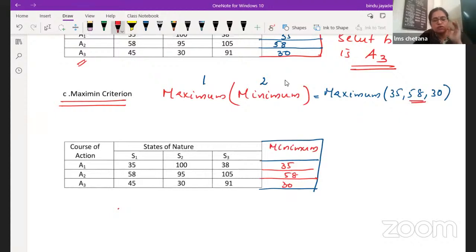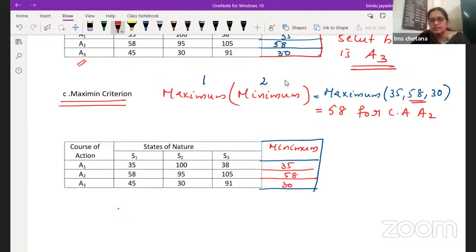58 is in the question. Where does the 58 come? 58 is in the second line, A2, right? Therefore, the maximum value is 58 for course of action A2. See where the 58 is: in the second line, course of action A2.